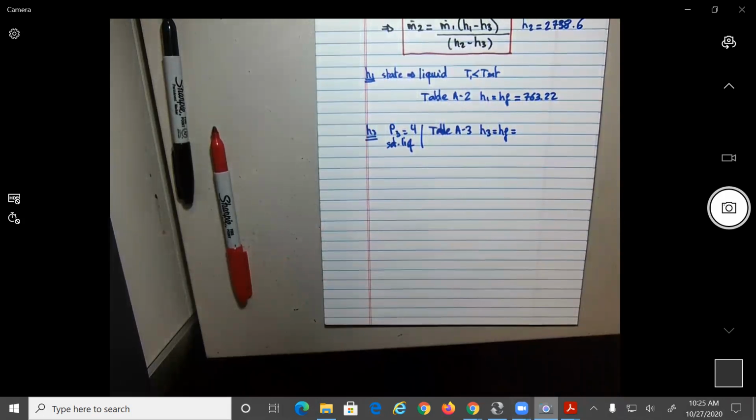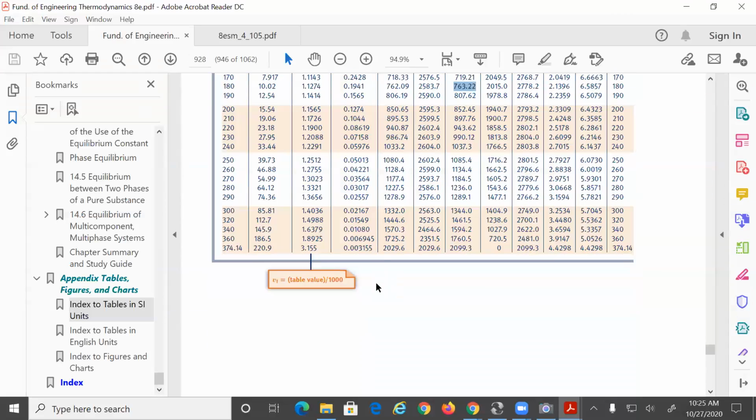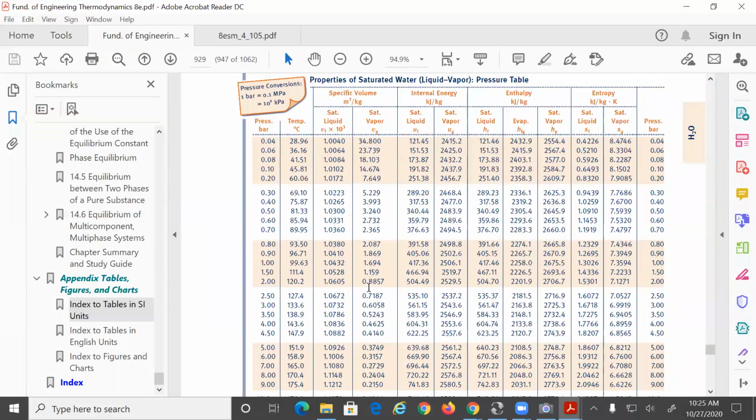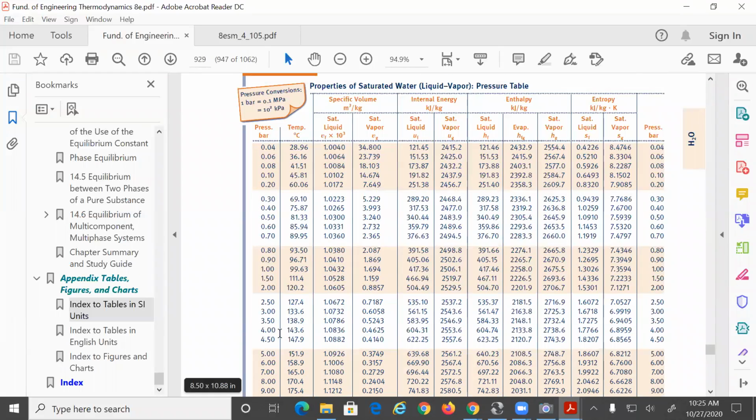And what would that be? Table A3 at 4, H fluid 604.74.